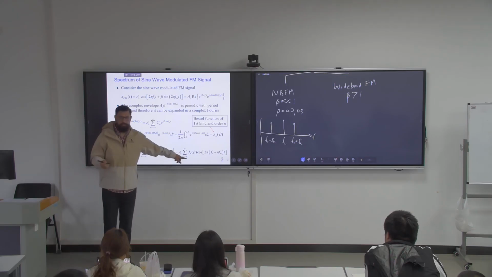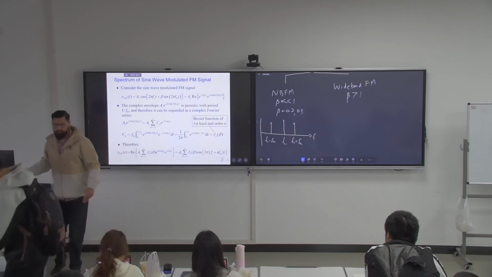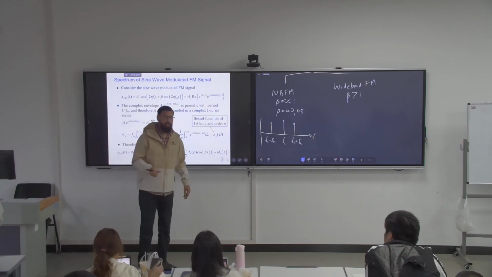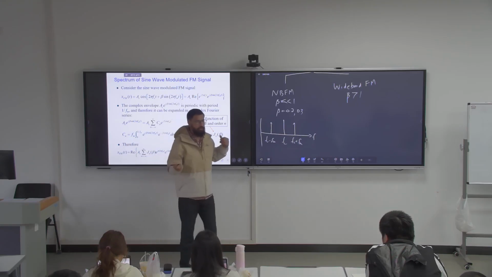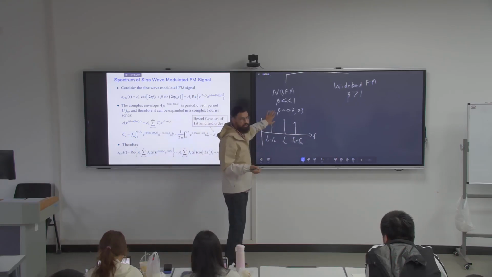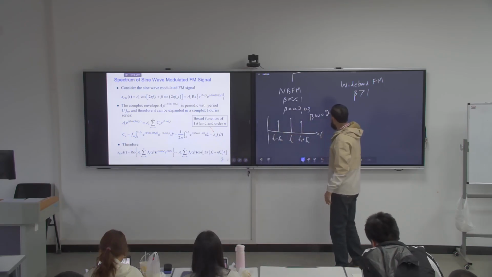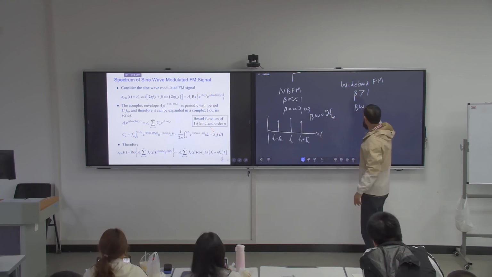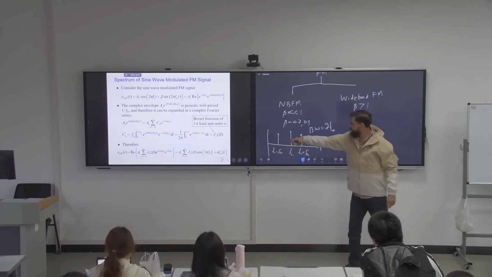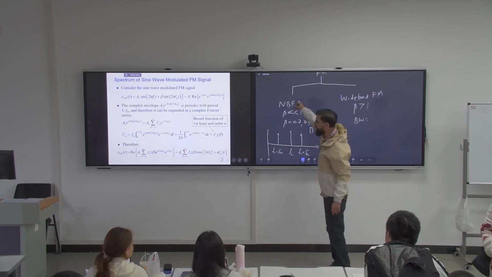Look at this equation. How much would the bandwidth be here? First, I need to know the bandwidth of this signal. For narrowband, the bandwidth was 2 f_m. How much is the bandwidth for this wideband signal from this equation? Two times f_m is for narrowband.